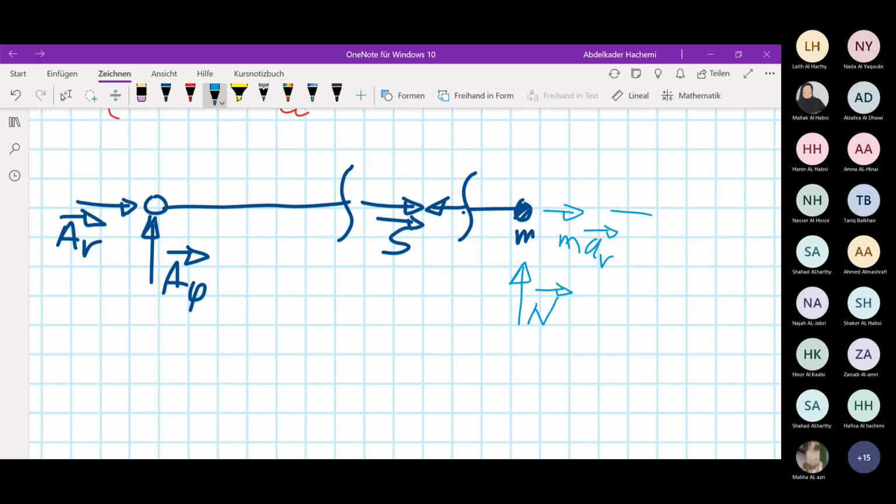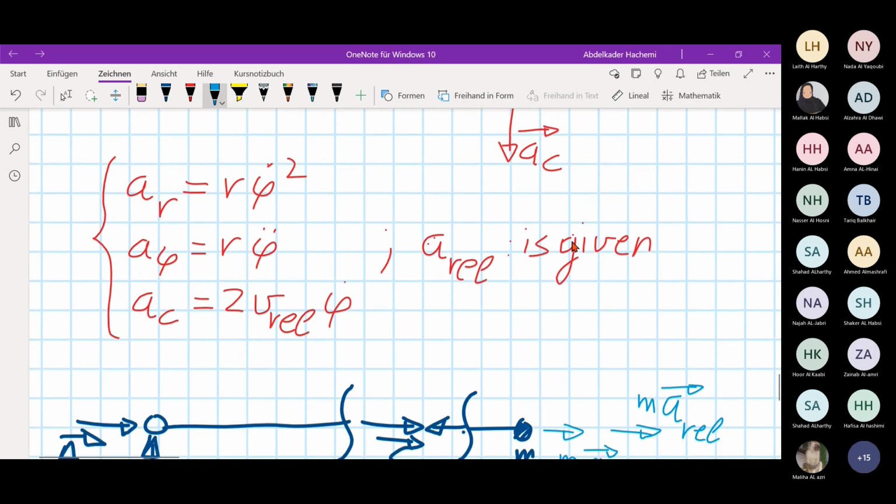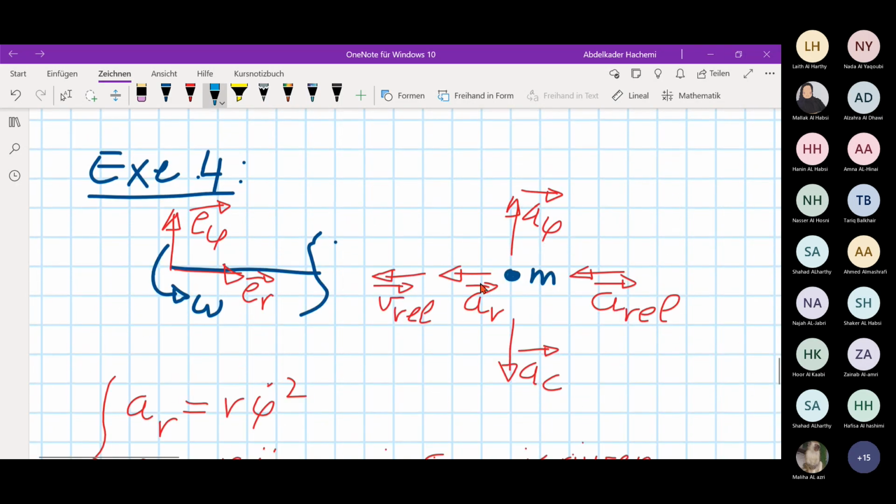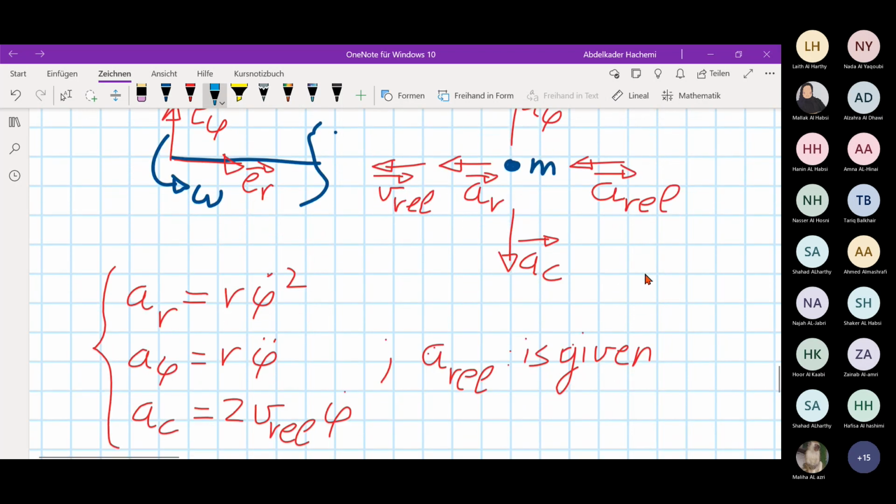We have also M A relative. This is AR, it's in this direction. A relative also in the same direction. Then we take the inertial force opposite to the direction of the acceleration.